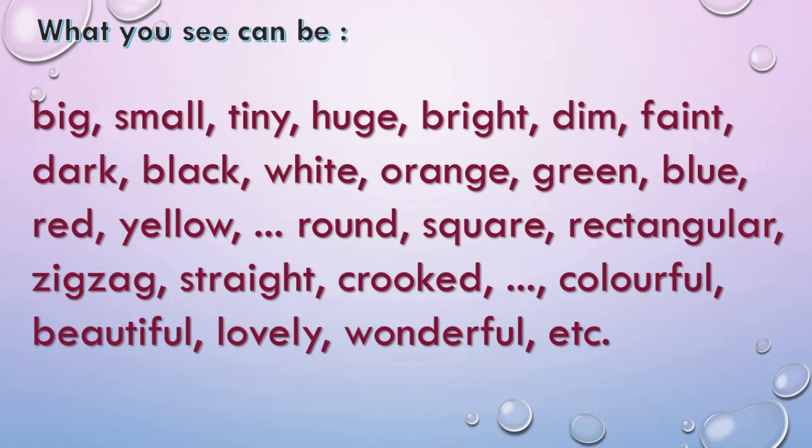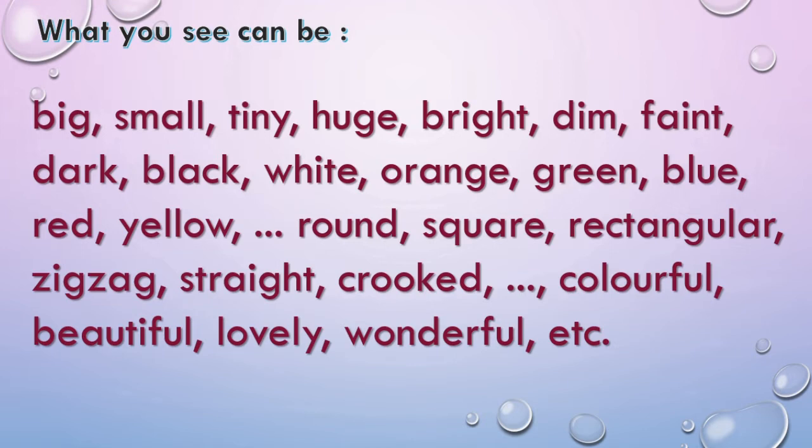Yes, dear children, you can see here the colors. You can see the shape, right? You can see the size and you can see the actions. These are all the functions of our eyes. For example, big, small, tiny, huge, these are sizes, correct?